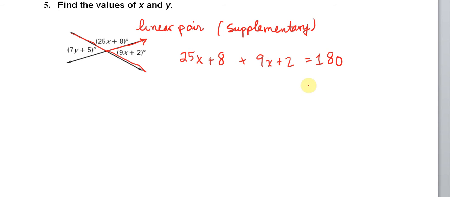And from here on out, it becomes an algebra problem. We're going to add the like terms here, 25x and 9x, and that will give us 34x. The 8 and the 2 will give us 10.